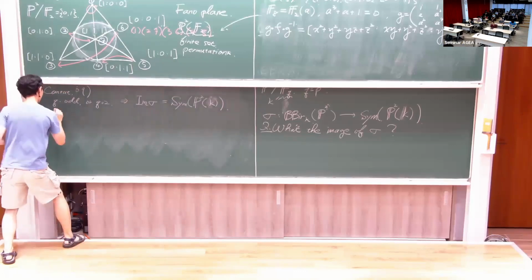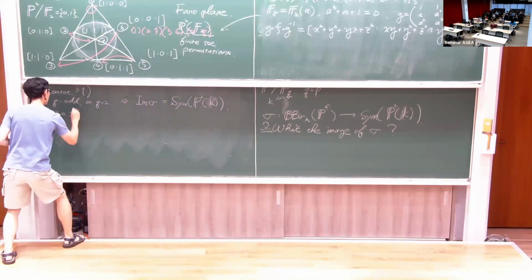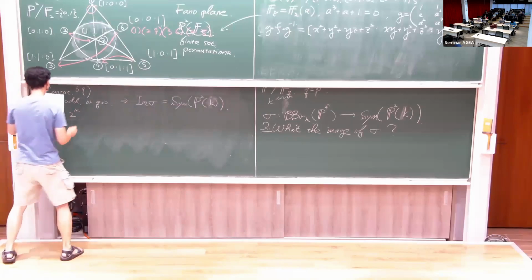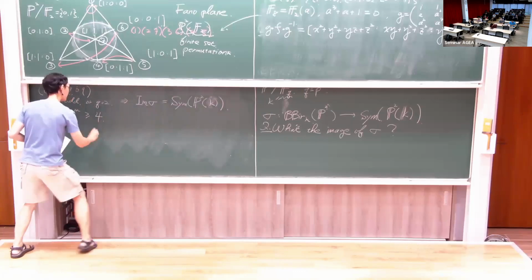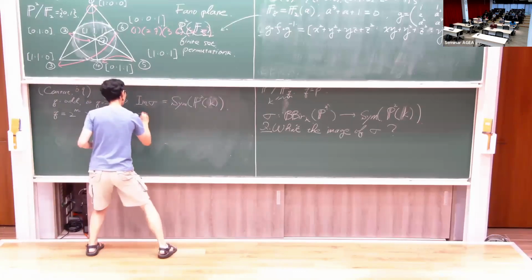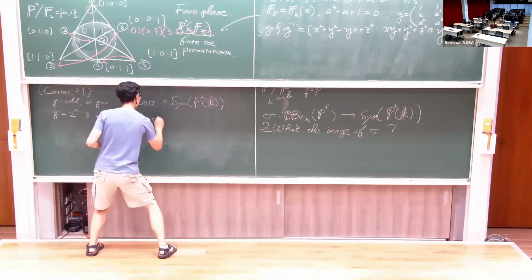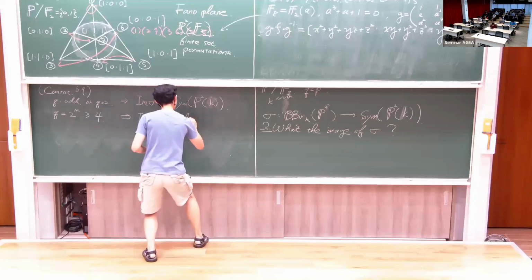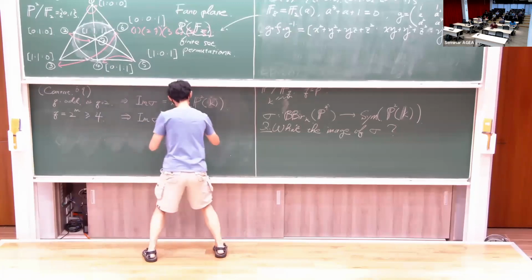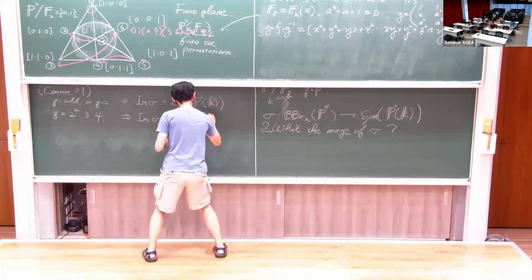And for all the other cases, if Q is 2 to some non-trivial power, so that Q is greater or equal to 4, then the image contains the alternating subgroup.